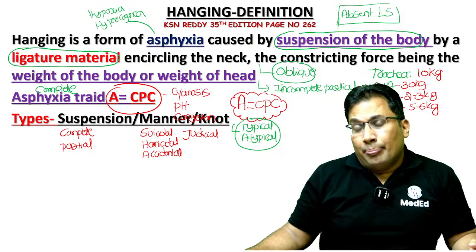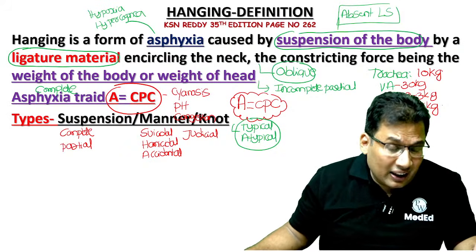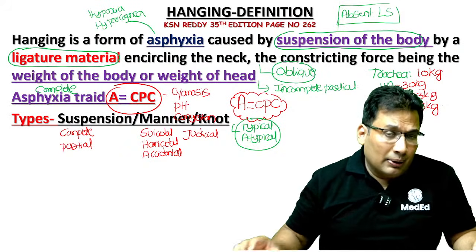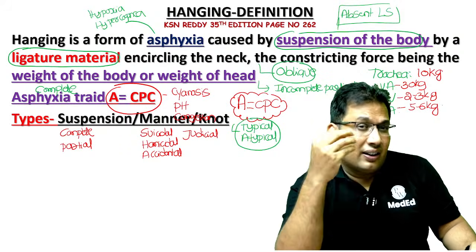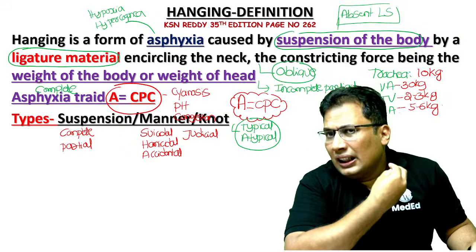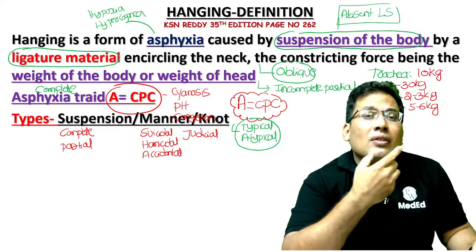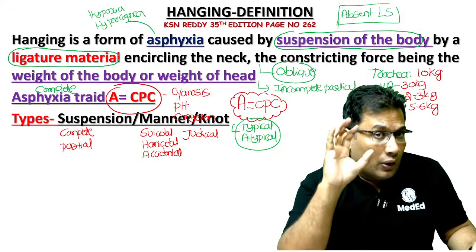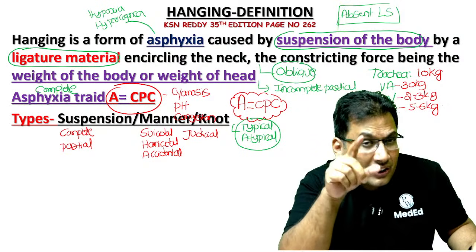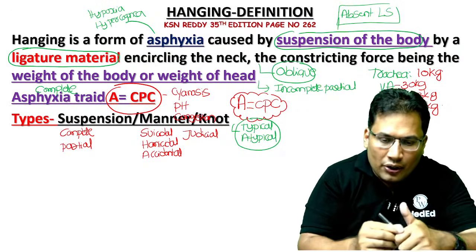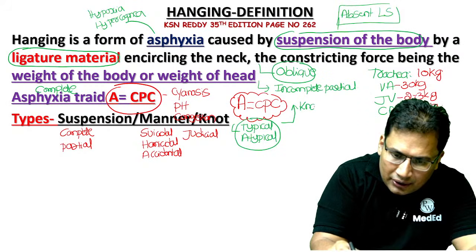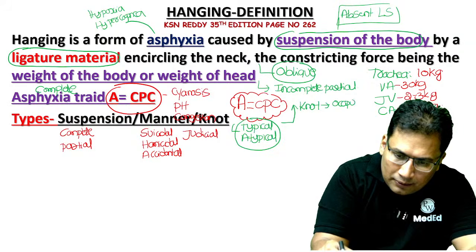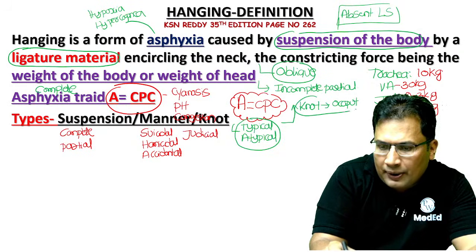Typical means what? Typical मतलब क्या है? मतलब knot कहाँ होता है? तो typical में knot कहाँ होता है? It is on the right mandible, left side of the mandible, or over the chin, or over the occiput. This is important Viva question. So typical means, remember, the knot occurs at the occiput or the nape of the neck.